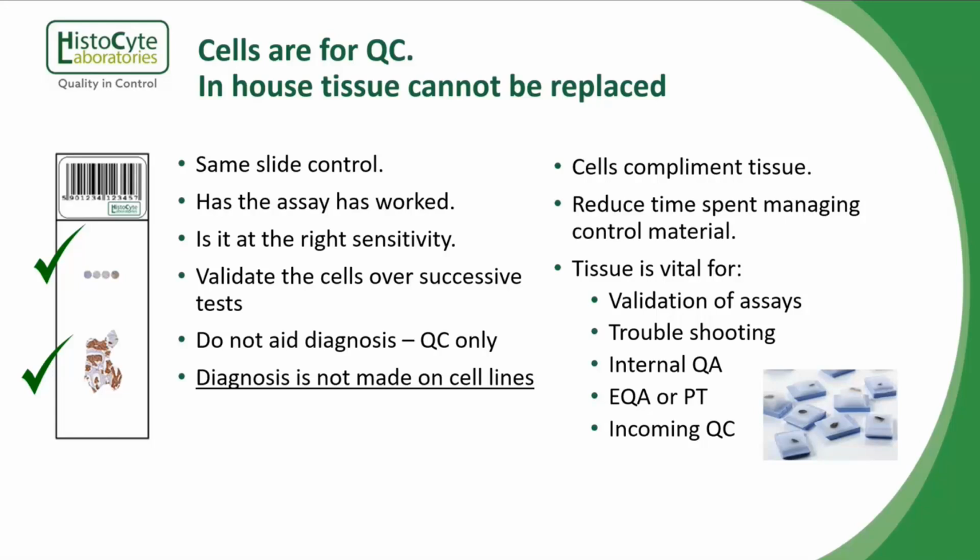Not all laboratories necessarily do it in a specific manner, but you should be looking at receipt of new reagents and how they perform. And of course the cell lines can be used, but you want to see it on your own tissue. So I think it's important to stress that you still need tissue. What we're doing is relieving the burden on the laboratory for the volume that they require.